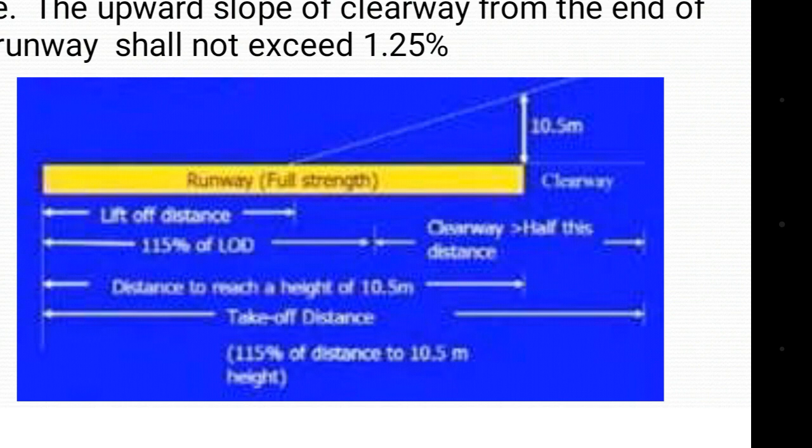Now again, if you look at this diagram, we will have some idea of how the normal takeoff should be. For the normal takeoff, we require 115% of the length, that is, extra length for the lift-off distance, and the slope of the clearway from the end of the runway should not be more than 1.25%.